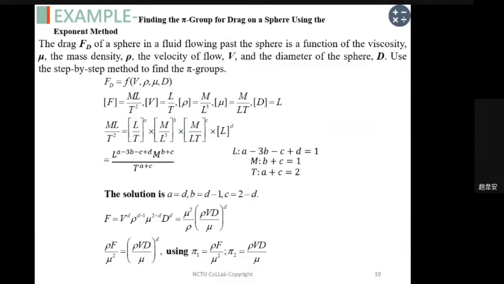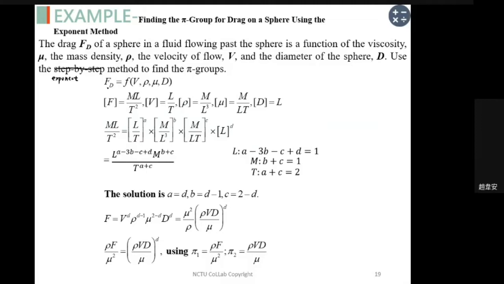Again, the problem is that the drag force Fd of a sphere in a fluid is a function of the viscosity mu, the mass density rho, the velocity of flow V, and the diameter of the sphere D. Use the exponent method to find the pi groups.